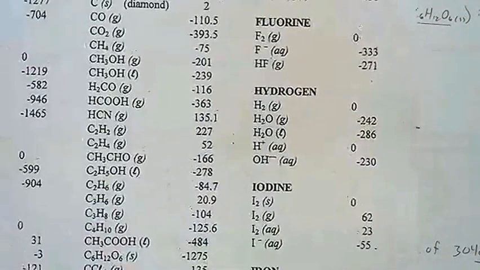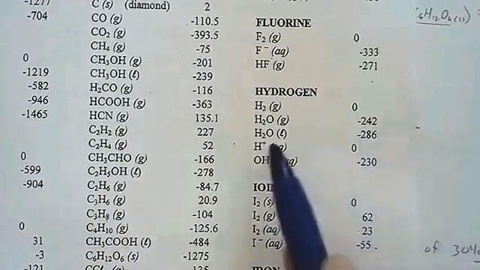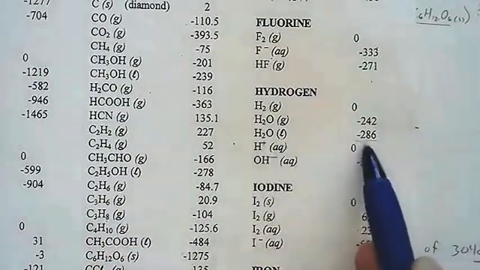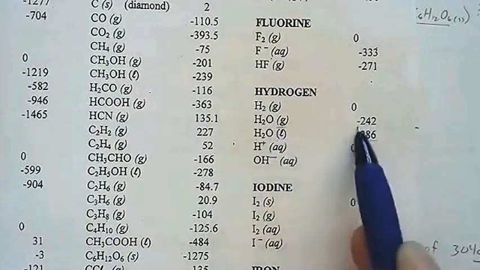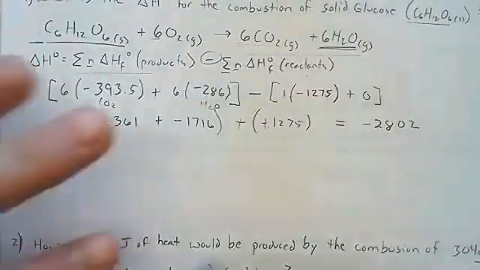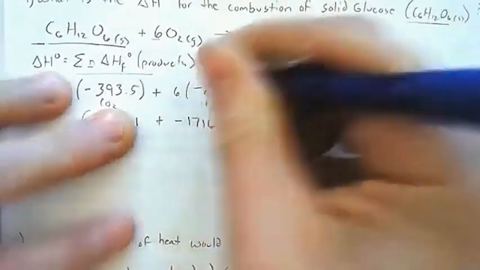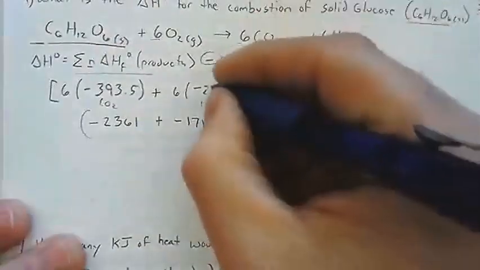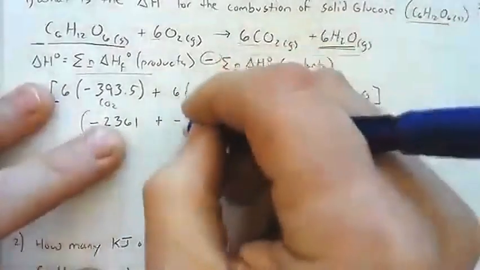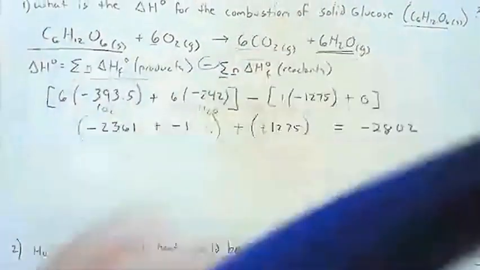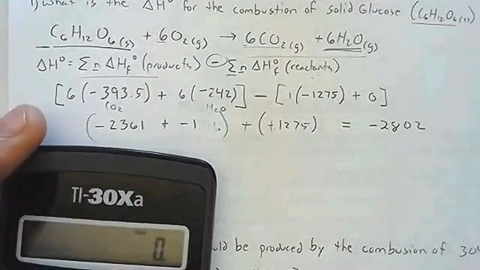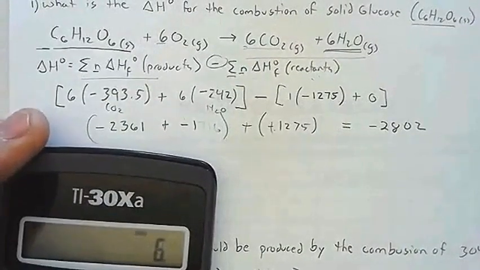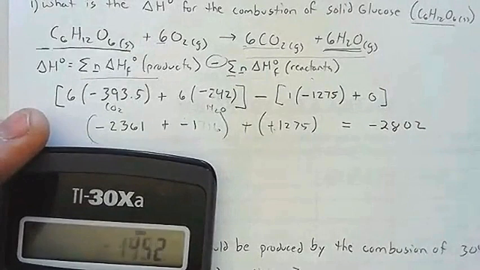Yeah, that's it. If you notice, for water, I used the liquid one, and that's 286. But this is gaseous water, it should be 242. So I'm going to go back here. I'm going to change that to 242, which changes this number. All right. And that should be 6 times negative 242.